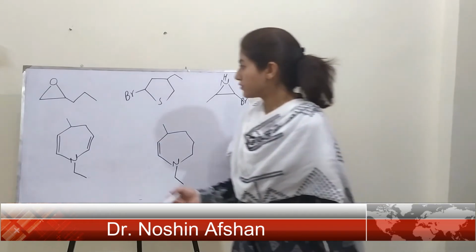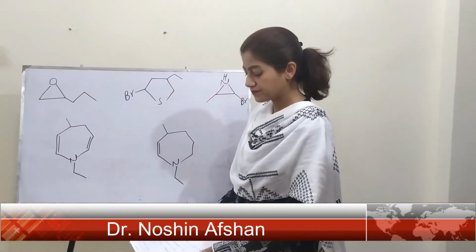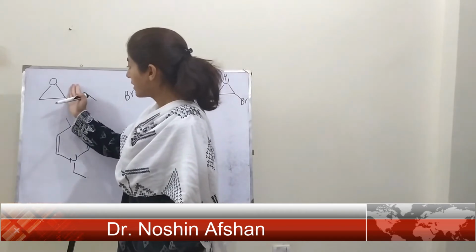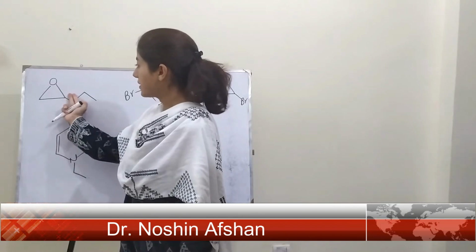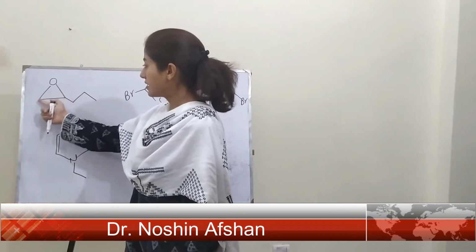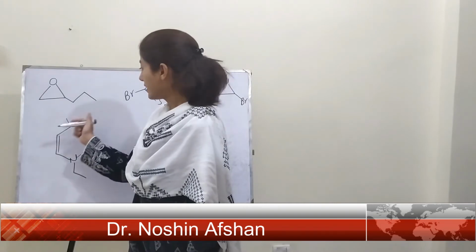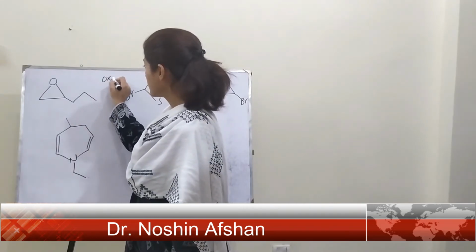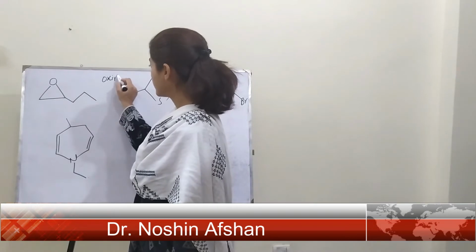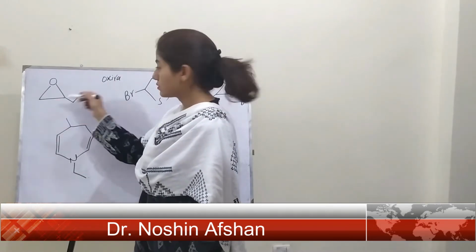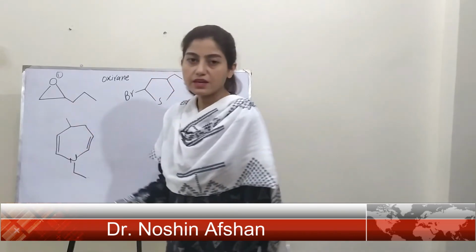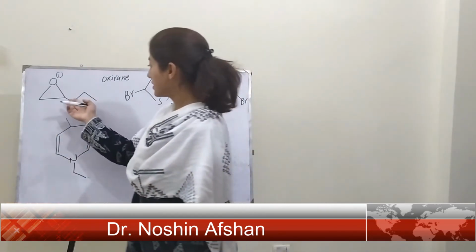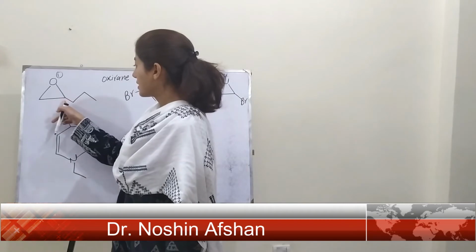As we start from this compound, if you ignore this substituent, then the parent compound would be the oxygen containing 3-membered ring, and this is the saturated one, so its name is oxyrane.